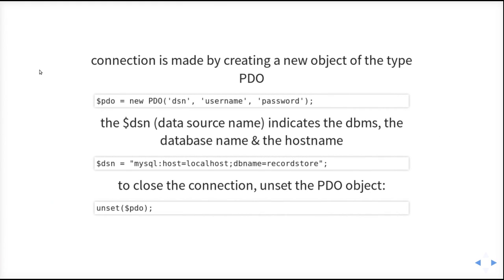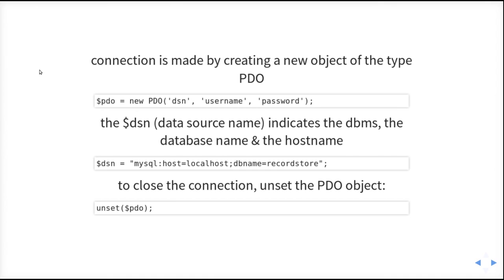So the most fundamental thing that we need to do is establish a connection to the database. So $PDO, which would be the database handle, is new PDO, some credentials, username, password. Now the first part of that, which is officially called the data source name, doesn't really matter. That contains the information about the database itself.